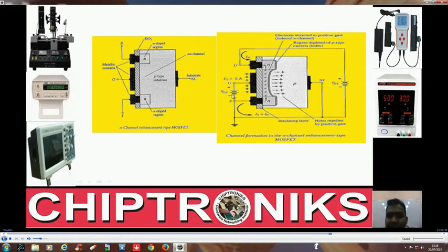If VGS is positive, meaning voltage at gate is more positive than voltage at source, then a current will flow from drain to source. That means in an N channel MOSFET, the input is connected to the drain and the output is connected to the source, and a current will flow from drain to source only when VGS is positive. Voltage at gate is higher than voltage at source.